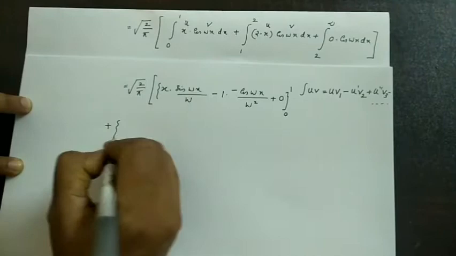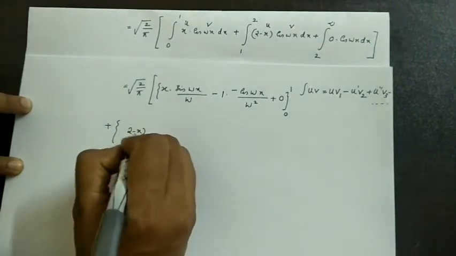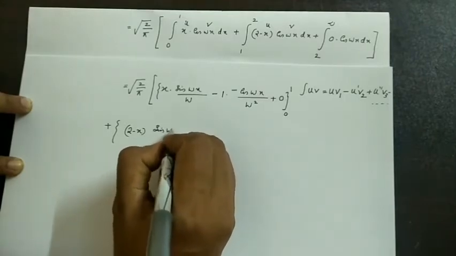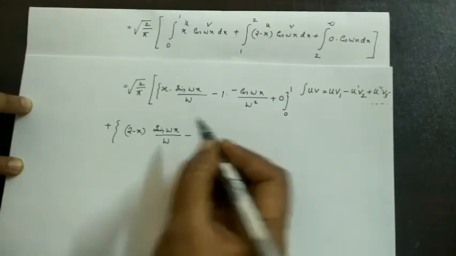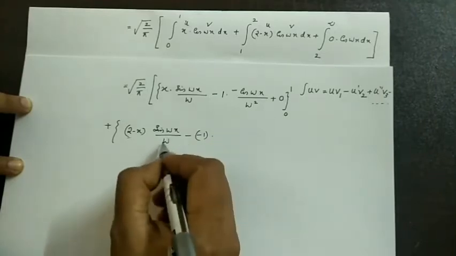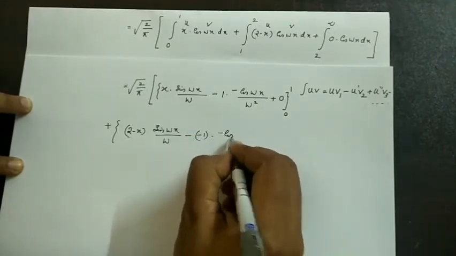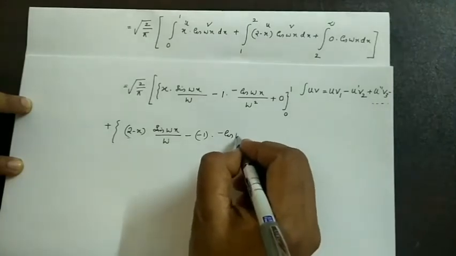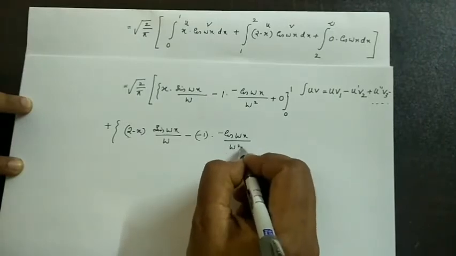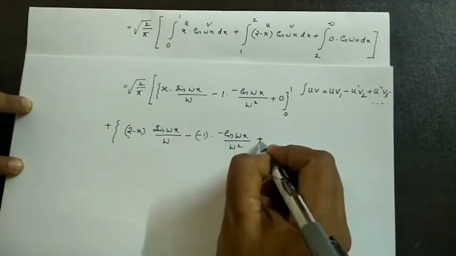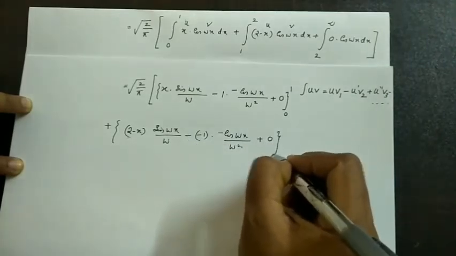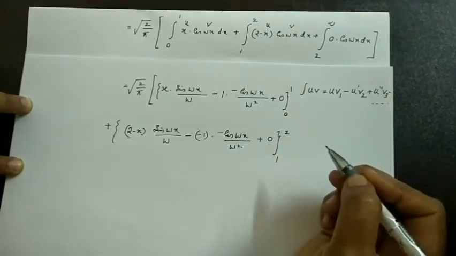So I am doing the first term, that is 2 minus x, into integral of the second, integral of cos omega x is again sin omega x by omega, then minus derivative of this, derivative of 2 minus x is minus 1, into integral of the second, that is minus cos omega x by, already we have an omega, then divide by omega, that is omega square, then plus derivative of minus 1 is 0. There also we must apply the limits 1 to 2.